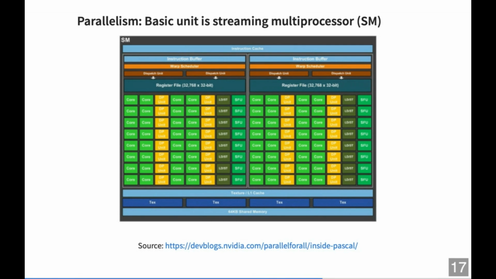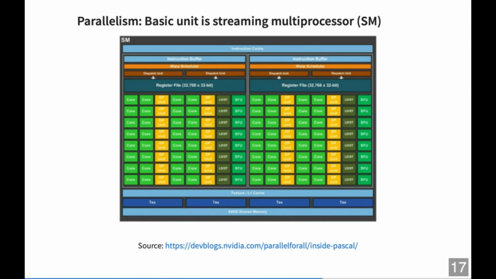You can see that there are a large number of cores, and there are some double precision units and some load store units and some special function units there, as well as various bits of memory related stuff.